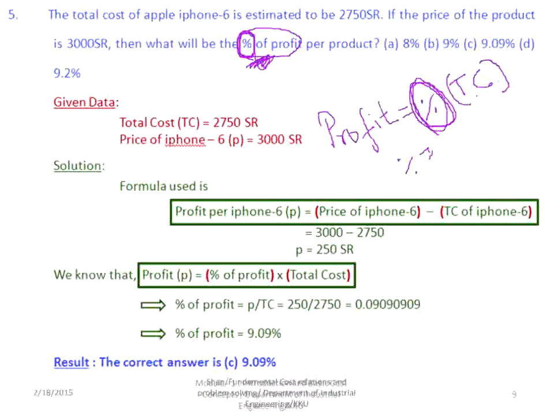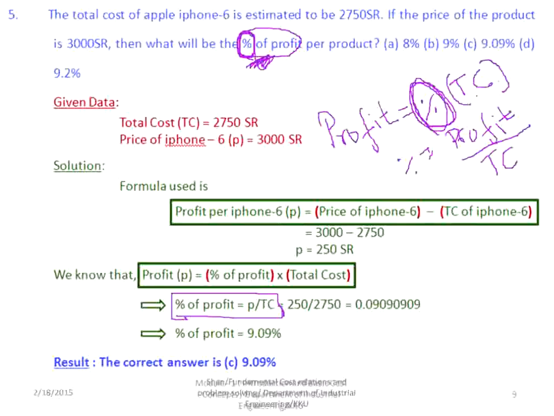This percentage is equal to profit divided by total cost. Total cost comes to the left hand side, it becomes the denominator. Profit divided by total cost. This is what I have shown you here. Percentage of profit equal to profit divided by total cost.